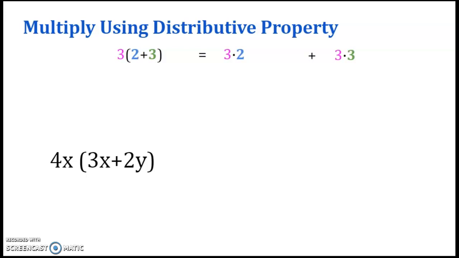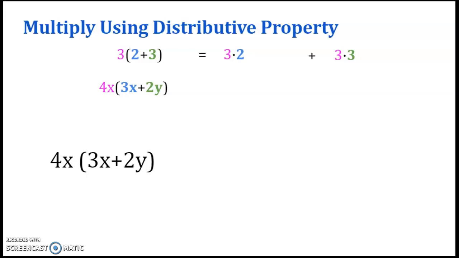So why do we care about that? Well, we know that it works from the previous example. However, when we see problems like this, where we cannot simplify what's inside the parentheses first, this property comes really handy. So in this case, when you have 4x multiplied by 3x plus 2y, inside the parentheses, because 3x and 2y are not like terms, we cannot combine those.